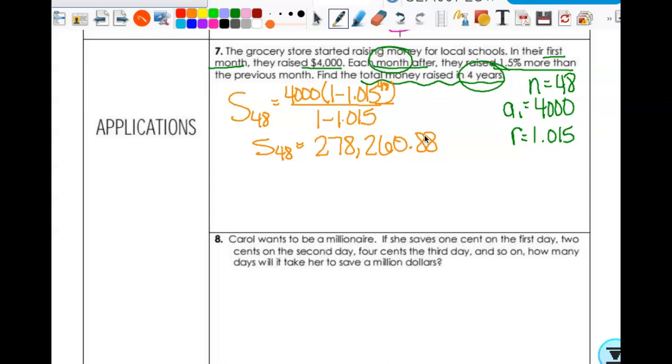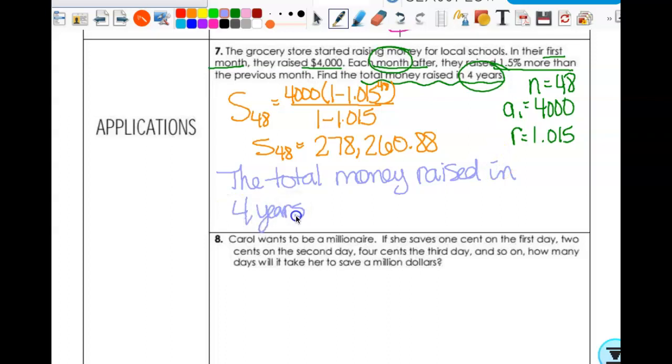It's an application problem, so we need to write a sentence, at least a sentence. You can just rephrase the question. It says, find the total money raised in 4 years. So I can say the total money raised in 4 years was, and you need a dollar sign, $278,260.88.